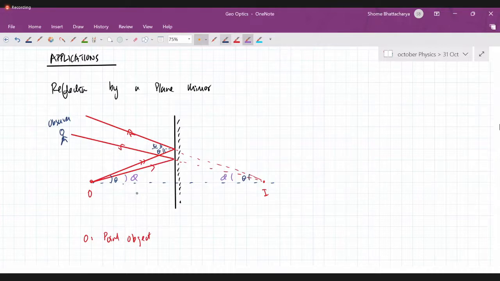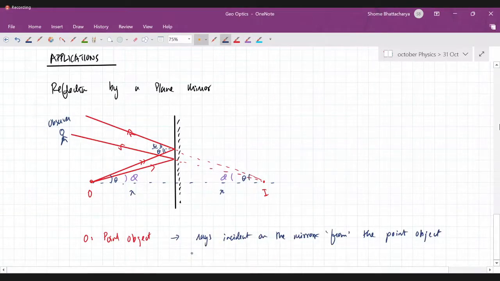Okay, so point object, the rays of light incident on the mirror from the point object, okay, reflect such that they appear to be coming from a point behind.